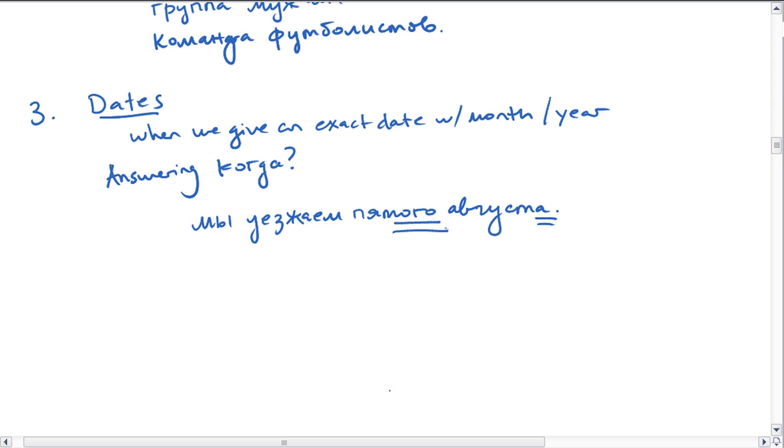Or if we were asking, когда вы родились? I would answer, я родилась 19 марта. So both the date and March are put in the genitive case.